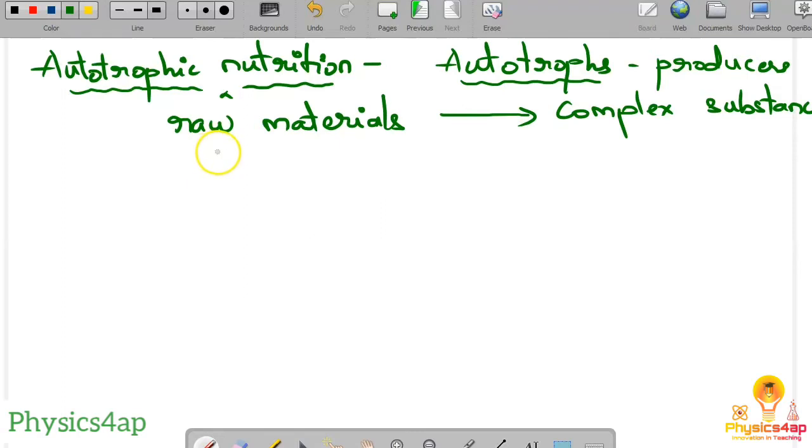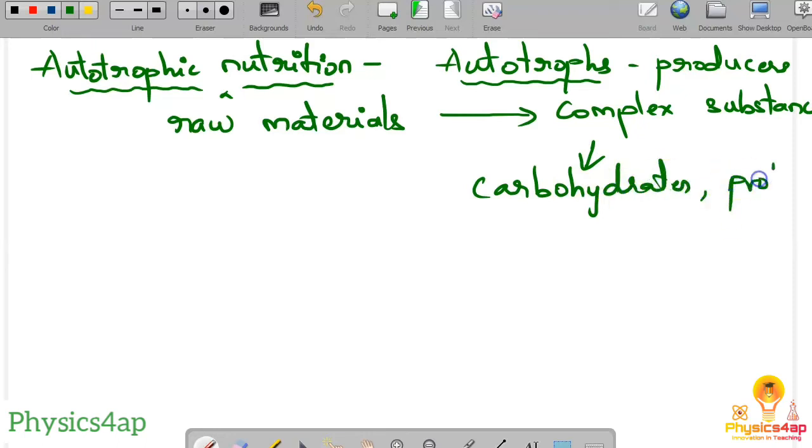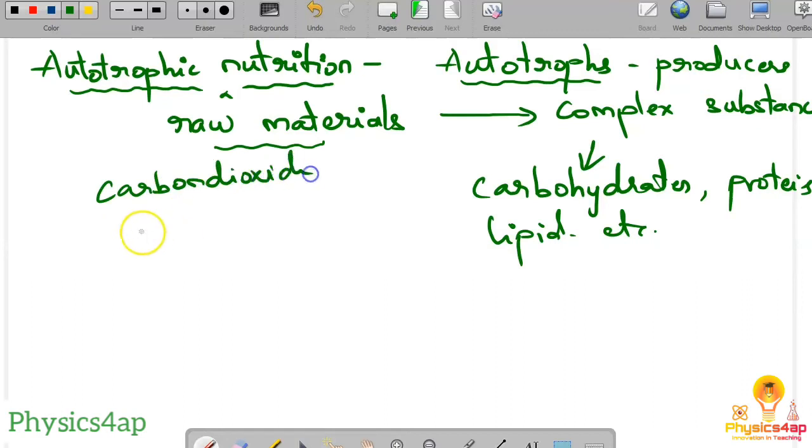In this way plants take raw materials like carbon dioxide, water and minerals, and prepare the complex substances they need. Complex substances means carbohydrates, proteins, lipids, and so on. All these are complex substances. Where do these complex substances come from? By taking the raw materials, like carbon dioxide and water, and some minerals too. Mainly they use carbon dioxide and water.